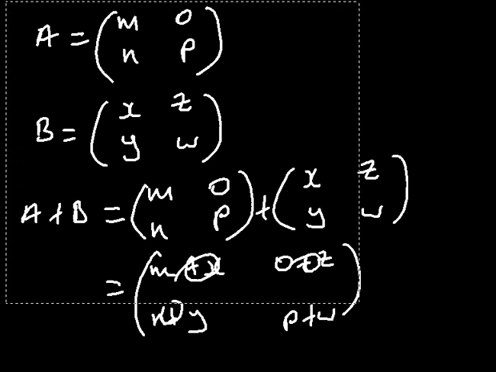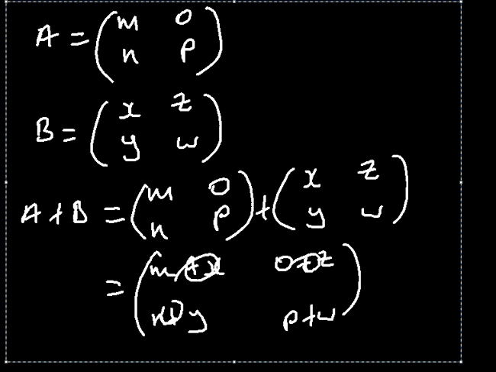Now let's say we have the following matrices. Let's say we have the matrix A, given as 3 and down 4, 7, 6.